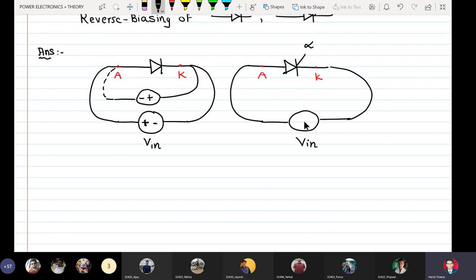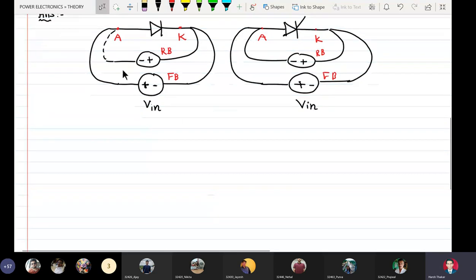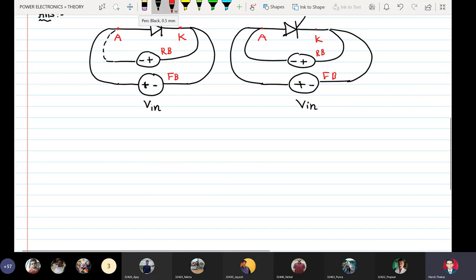So this will be forward biased and this will be reverse biased. So let me write down reverse bias, forward bias, reverse bias, forward bias. And if I have to apply AC potential, can you tell me, can AC potential both forward and reverse bias the diode and SCRs?